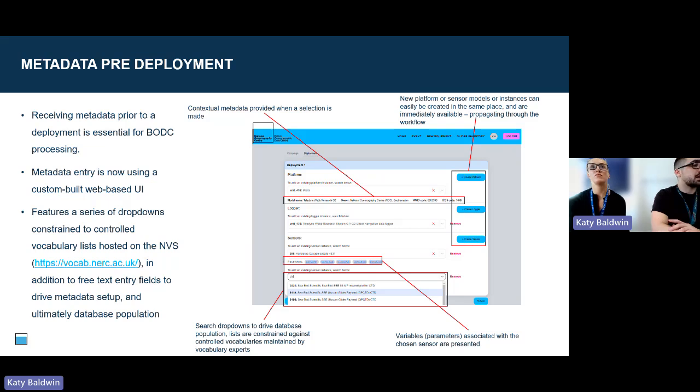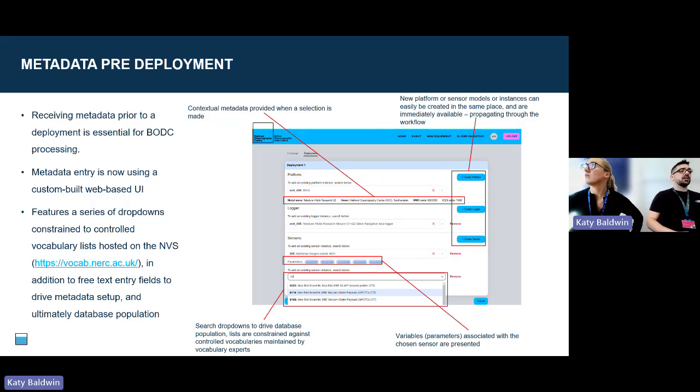As you can see on the right, BODC now use a custom-built web-based user interface to input metadata. This is known as PAMS. That's the Platform Agnostic Metadata System. PAMS, as you can see, features a series of drop-downs which are constrained to controlled vocabs, as well as free text boxes, making metadata setup simple and easy.